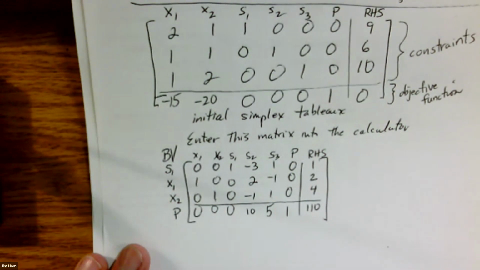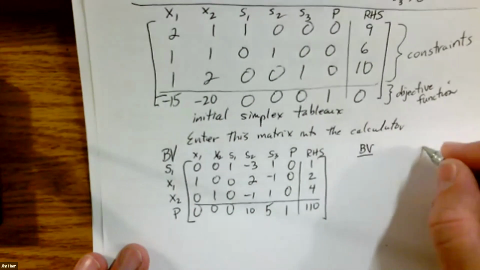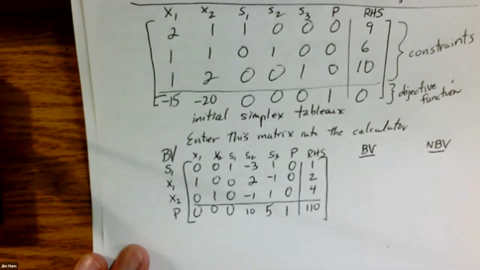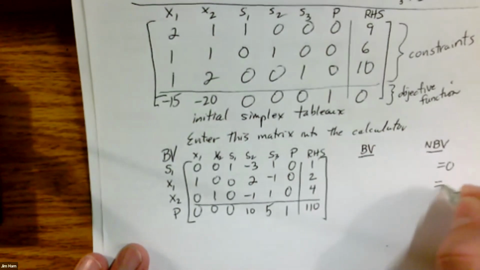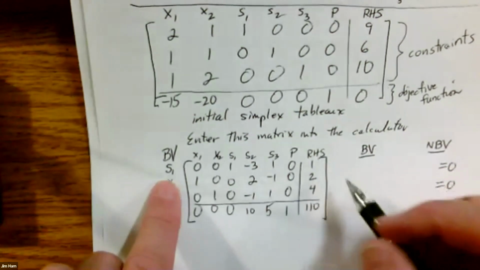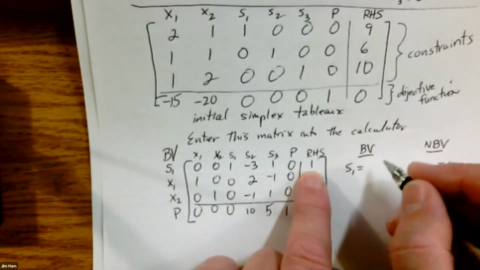And then to get partial solutions, you list the values of the basic variables and then write down all the variables that remain. And those are the non-basic variables. And the non-basic variables take on the value 0. So S1 is the first basic variable, and its value is 1.